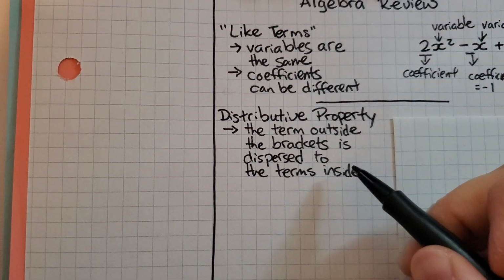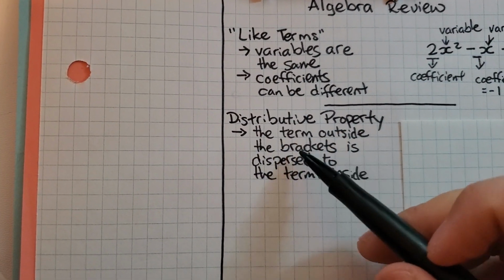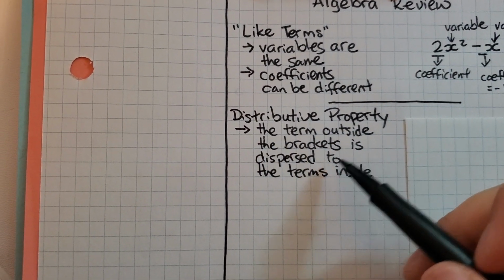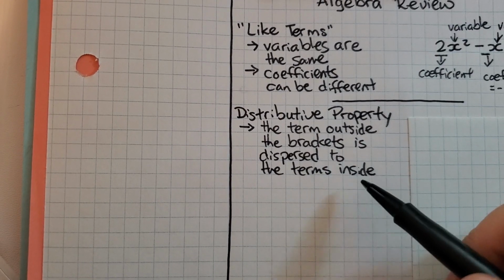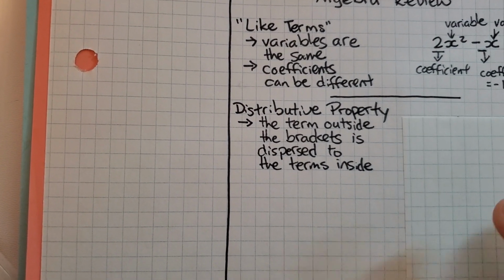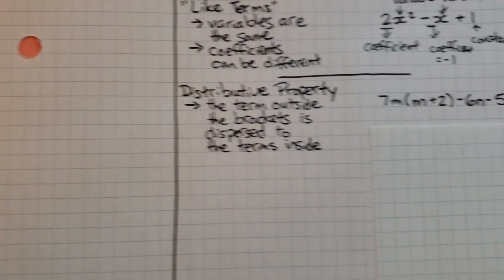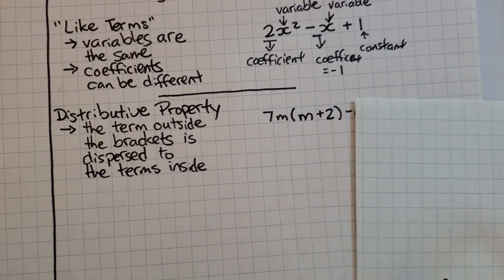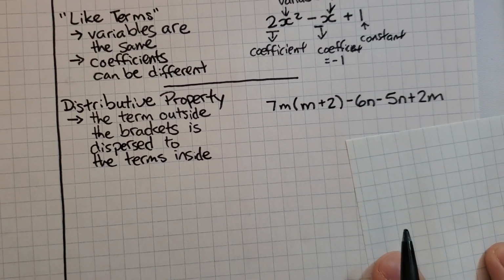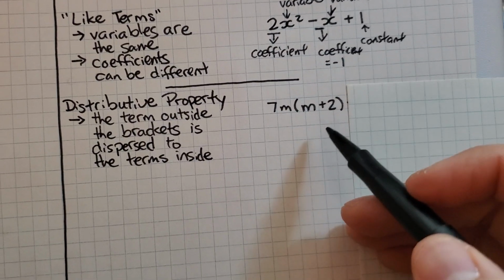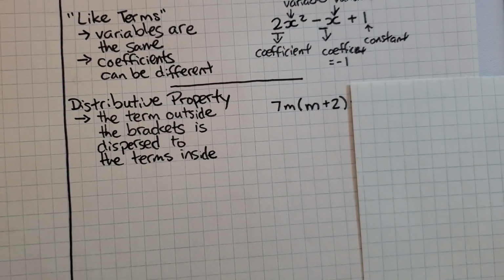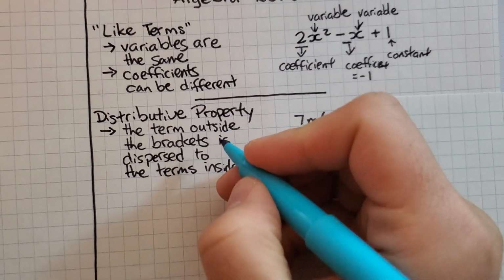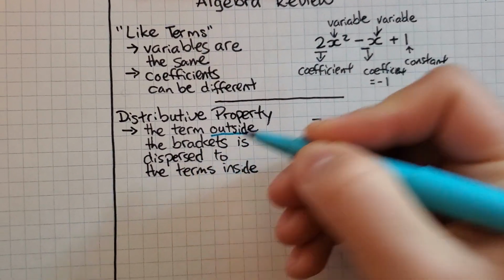Another aspect is distributing the property, where the term outside the brackets is dispersed to the terms inside. So if we have an example like this, we would disperse the property just to this bracket part. So again, you're going to take the term outside the brackets and disperse it.